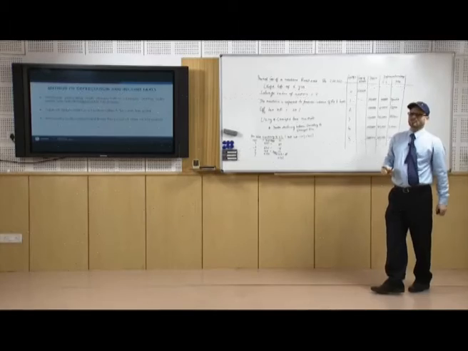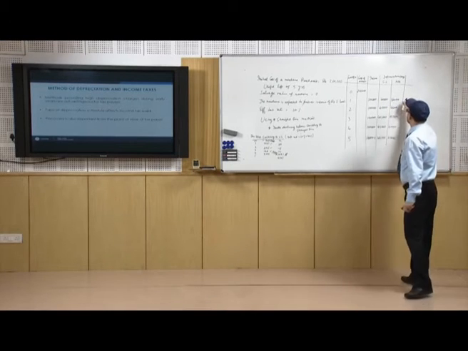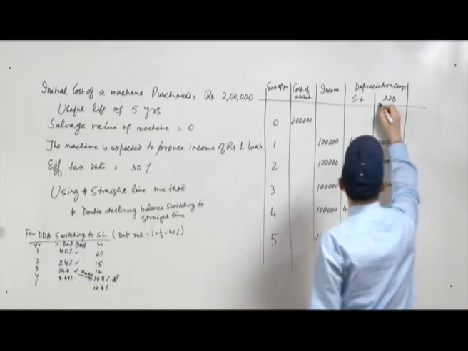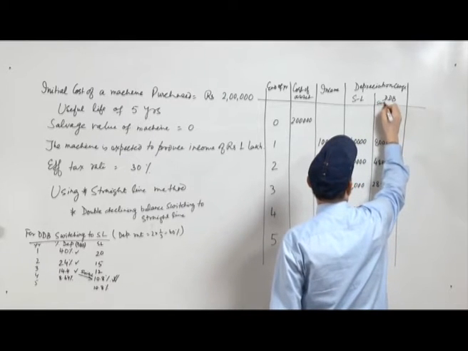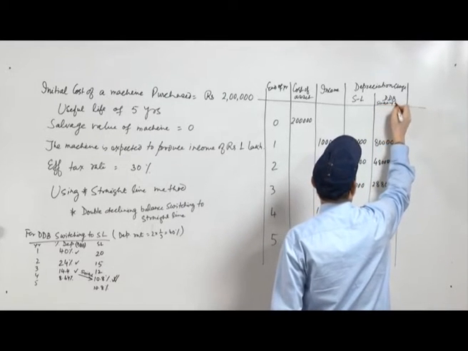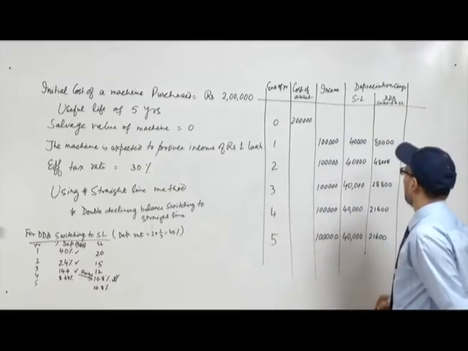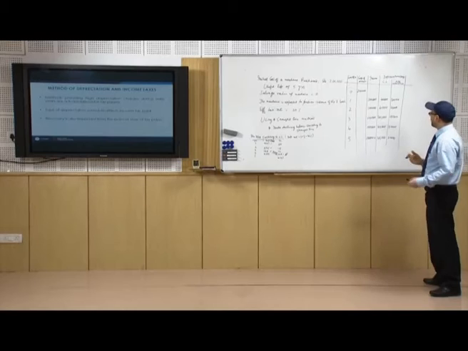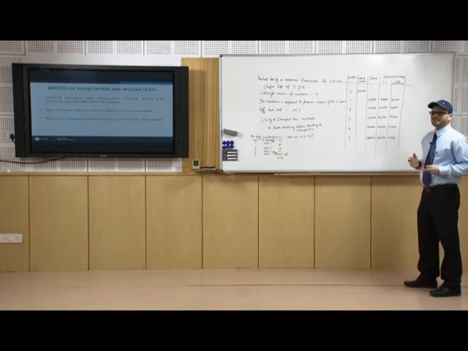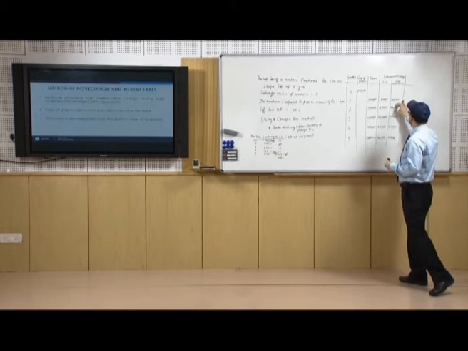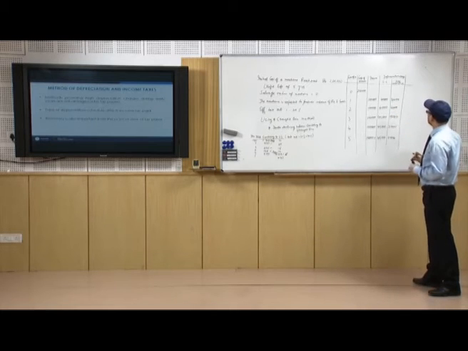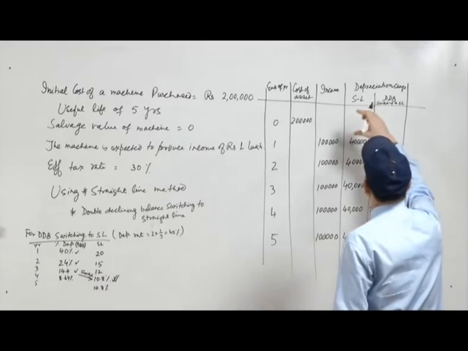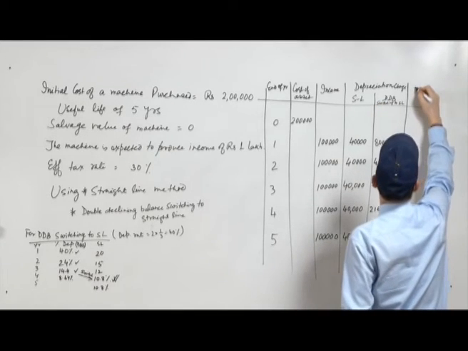So, this is how the depreciation charge will be calculated using the DDB method, switching to straight line. Now, after having the deduction of the depreciated amount, what is the income? Basically, what is income minus depreciation?